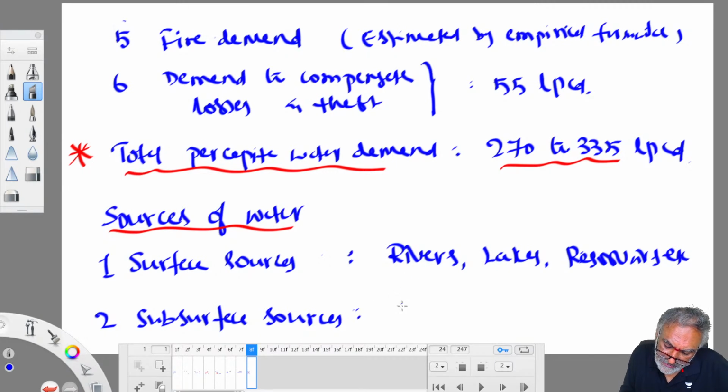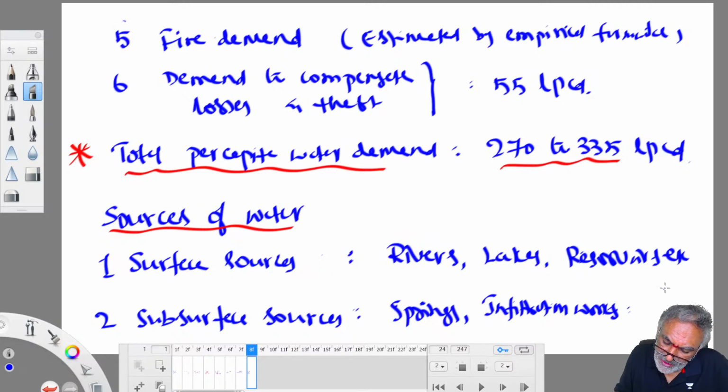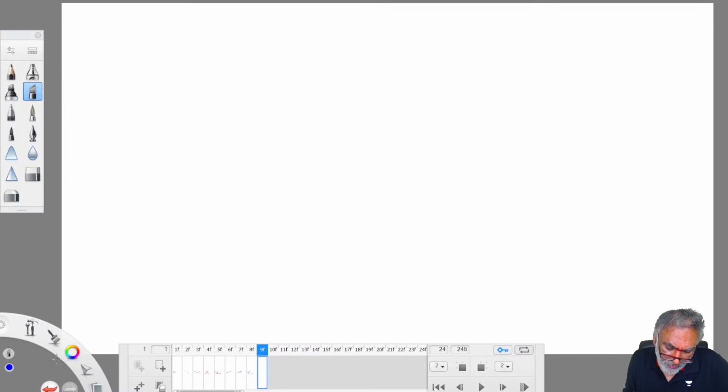Subsurface sources are springs, then infiltration works, infiltration gallery or infiltration well, then normal wells. Okay, whatever it may be. Quality wise, subsurface water is good, but quantity wise, it is poor. Quantity wise, surface water is good, but quality wise, it is poor compared to groundwater, subsurface water.